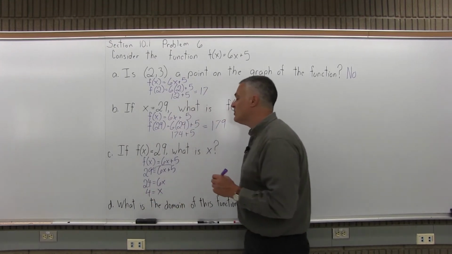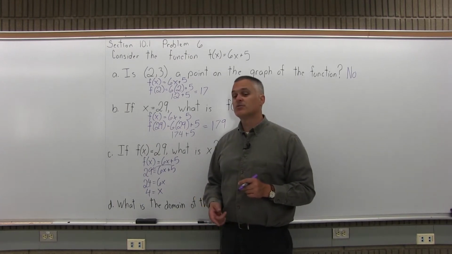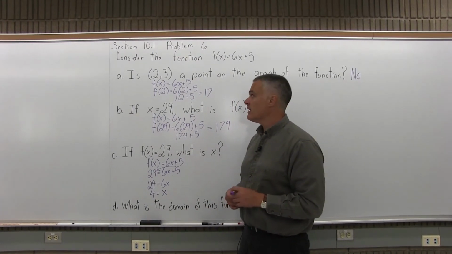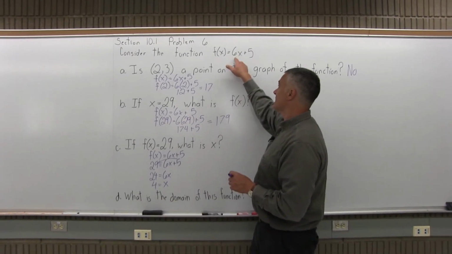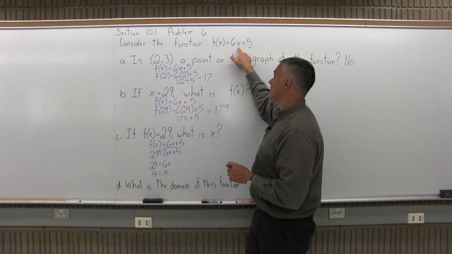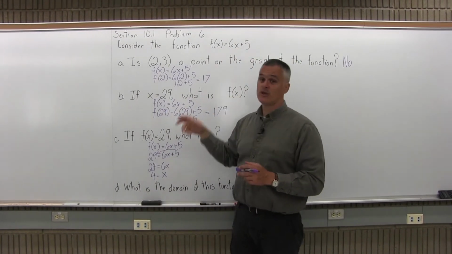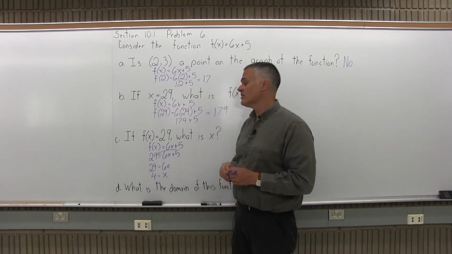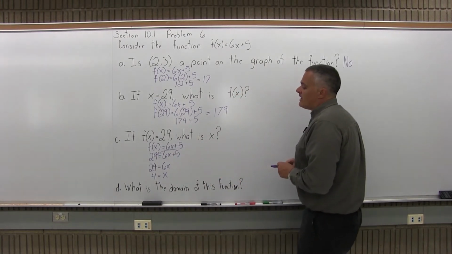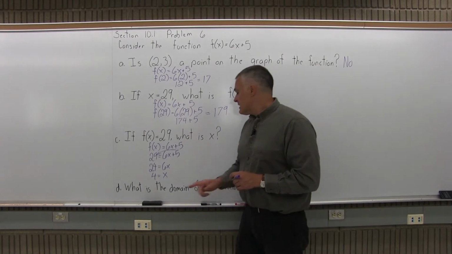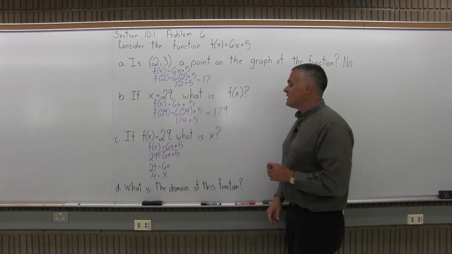So I claim that if you got out a 29, you must have put in a 4. And you can try it. If the function is 6x plus 5, and you're using a value of 4 for x, 6 times x is 24, plus 5 more, sure enough, it's 29. It works.